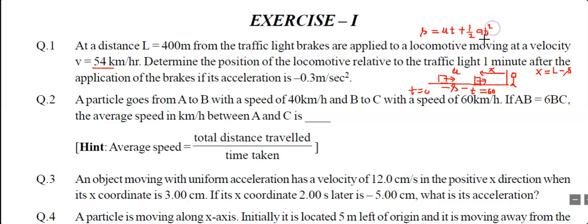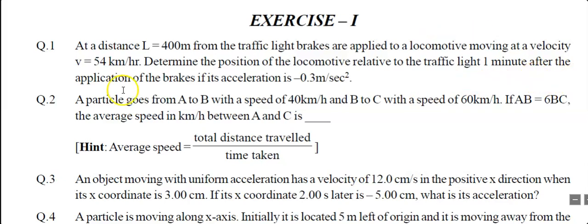Now you have t as 60 seconds, a as minus 0.3 meter per second square, and u is given. So you can convert this u into meter per second, and then solve, and then solve this L minus S, so the x value, so that x will become your final answer, right?